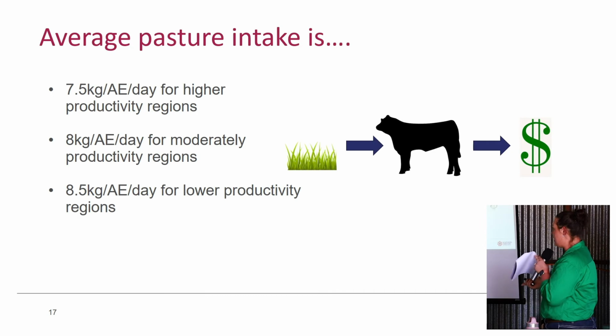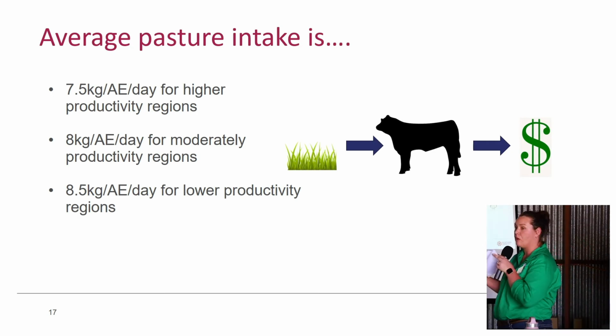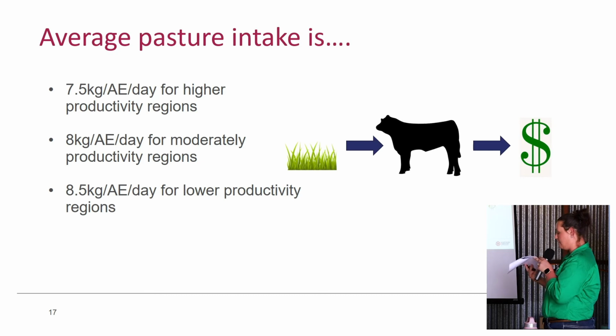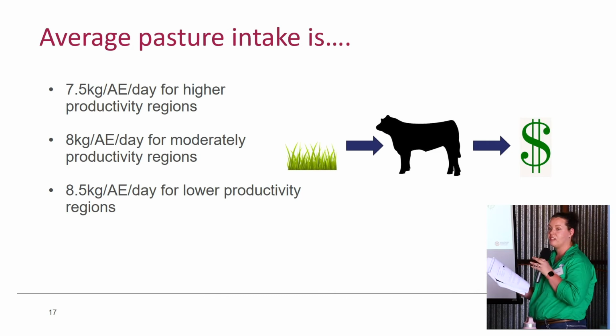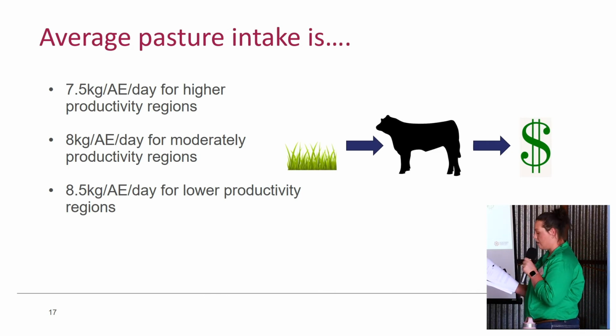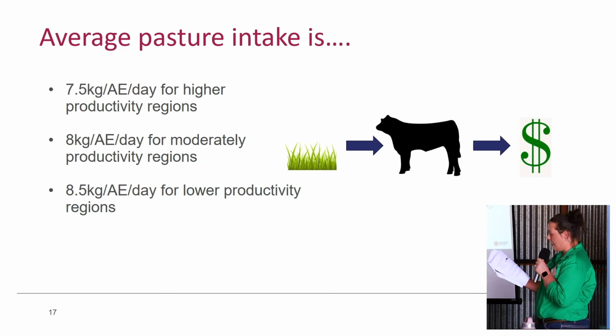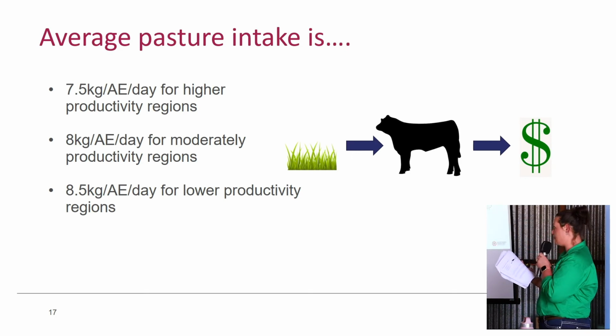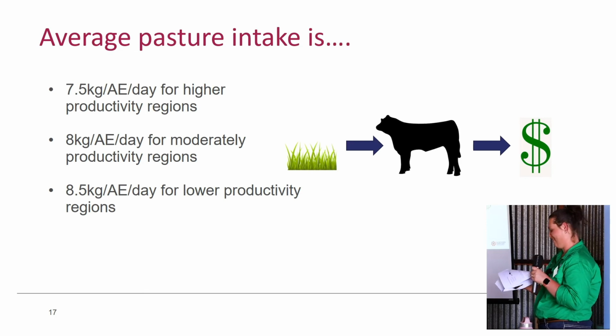The 8 kilos per AE per day is on moderate regions, so that's your average pasture. On lower productivity regions, it's a lower quality pasture with lower digestibility, and therefore to get the same amount of metabolizable energy, they'll need to consume more. So the intake is about 8.5 kilograms per AE per day for lower productivity regions, like I just said.